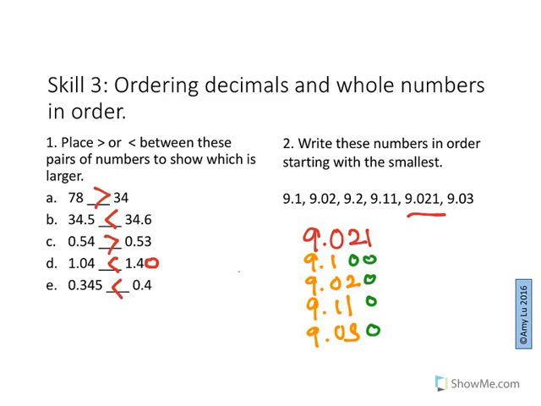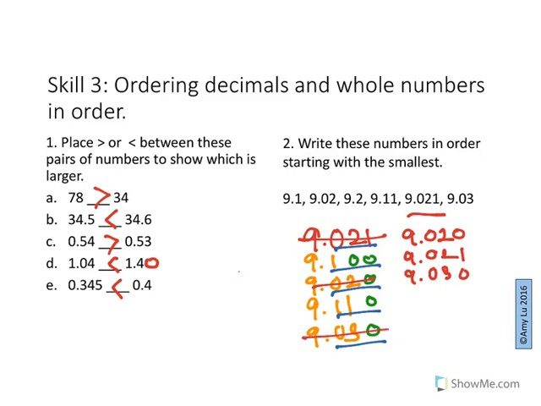Since they all have the same whole number, I just have to look at the number behind the decimal to help me determine which is greater. So I'm really looking at 21, 100, 20, 110, and 30. So the smallest one is 9.020, and then 9.021, and then 9.030, and then 9.100, and then 9.110.